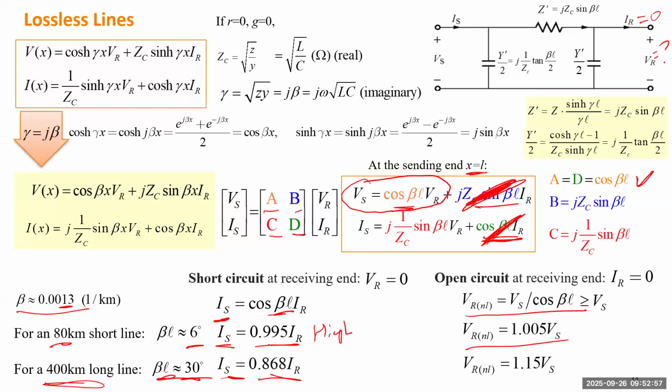For open circuit fault, the voltage will increase to 1.15, which will be 15% higher than the nominal voltage. So this one is already much higher than any reliability limit. For the transmission line, usually we want to maintain the voltage within 5%.